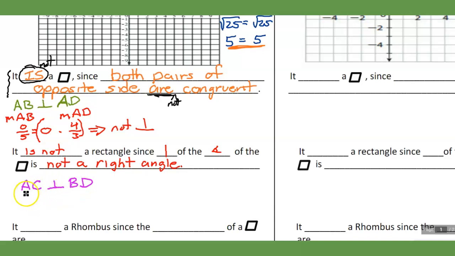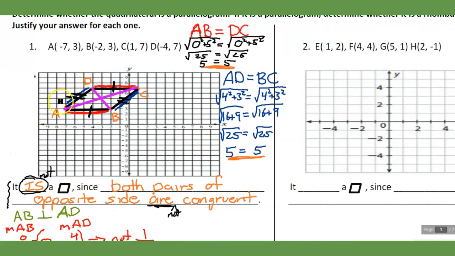So slope of AC, find the slope of AC. Go back up here, count the squares. We're going to go up 1, 2, 3, 4, 5... 1, 2, 3, 4, 5, 6, 7, 8. Did I count that right?